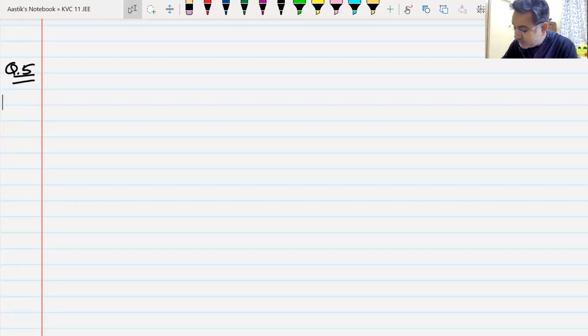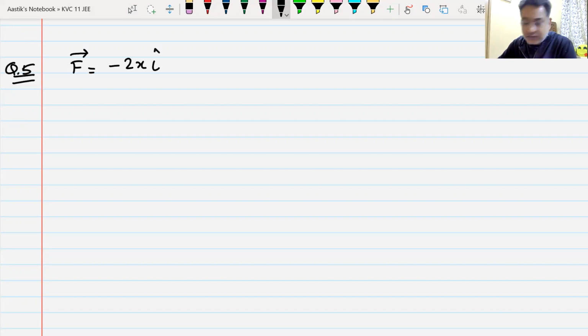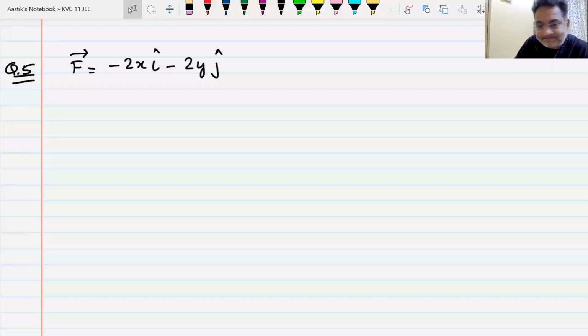Force is given as, F vector is given as minus 2x i minus 2y j. You have to find out the energy function of this. This is the conservative force. You have 2 minutes to get the answer and stay happy.